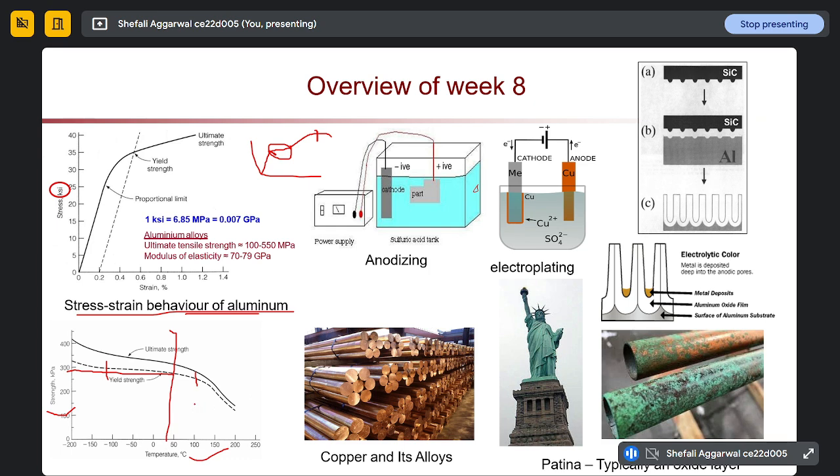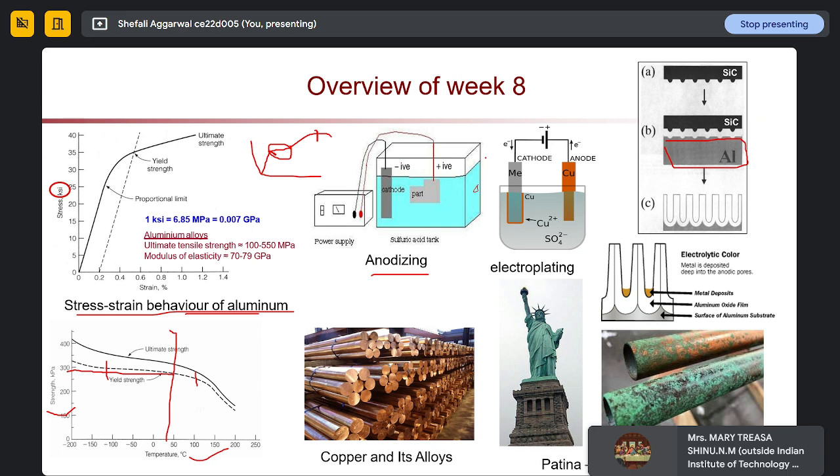For aluminium, we do a procedure called anodizing. In anodizing, we are making the oxide layer stronger on the aluminium surface. If this is our aluminium surface, we are providing power supply, and we are providing some cathode and anode, and this will create some hollow gaps in your aluminium surface.